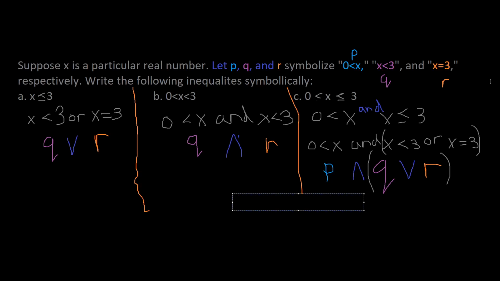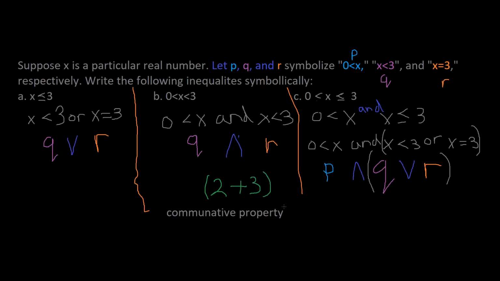If you remember the commutative property, I'm going to give you an example just in case you don't remember. Let's say we have 2 plus 3. I could say 3 plus 2, and that would mean the same thing, right? 2 plus 3 and 3 plus 2 both give the same results.